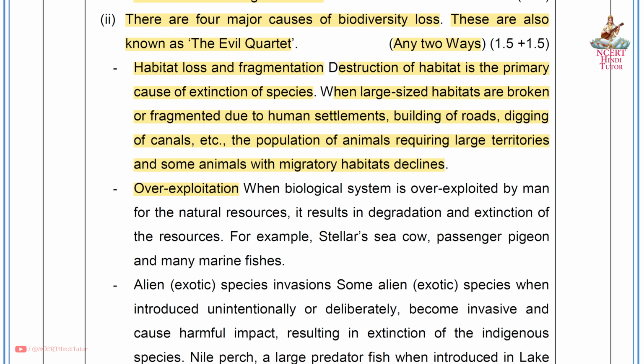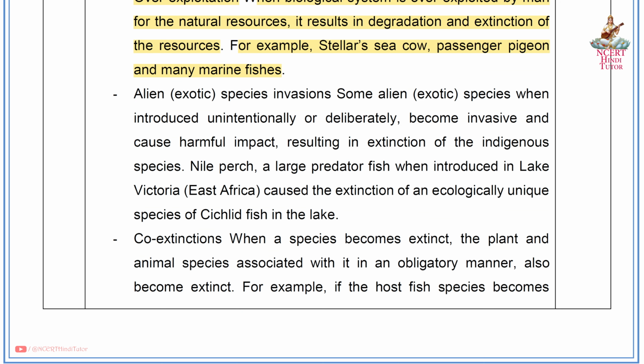Overexploitation. When a biological system is overexploited by man for natural resources, it results in degradation and extinction of the resources. For example, Steller's sea cow, passenger pigeon, and many marine fishes. Alien exotic species invasions.